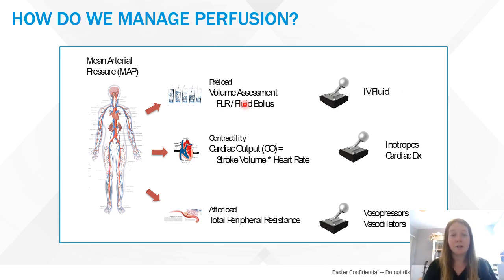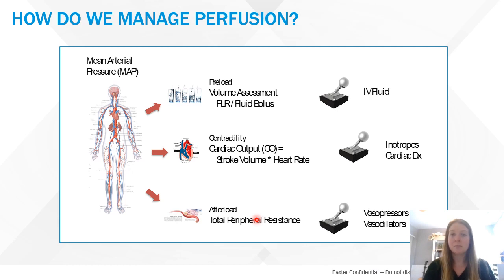Say your patient is not volume responsive. You can look at your total peripheral resistance on the Starling monitor. Say your TPR is low, meaning you have low resistance. You can use vasopressors for those dilated vessels. Say your TPR is high and you have high resistance.